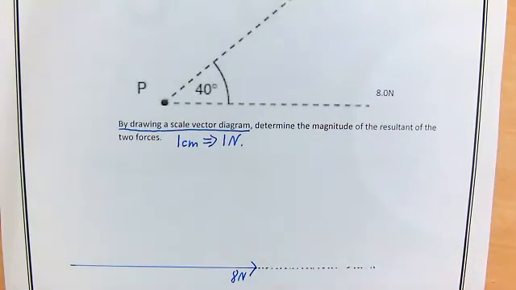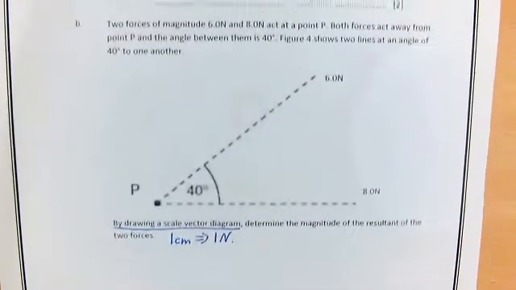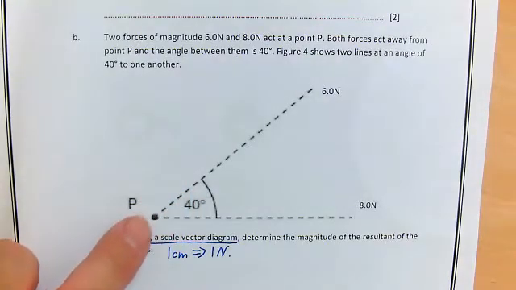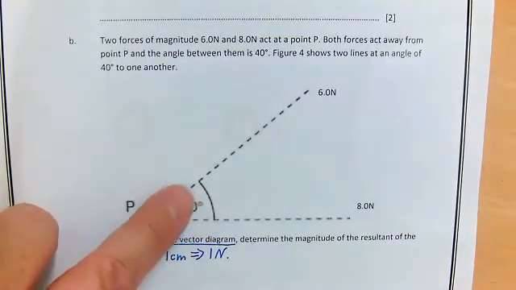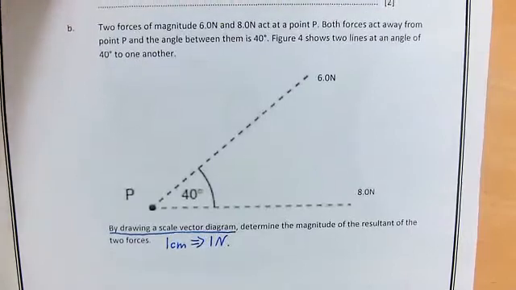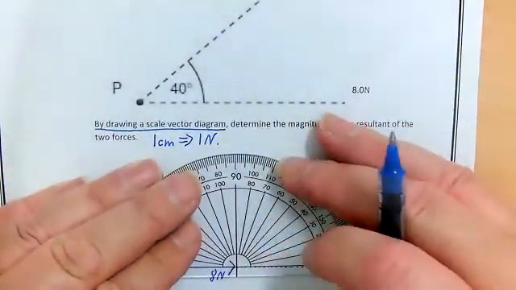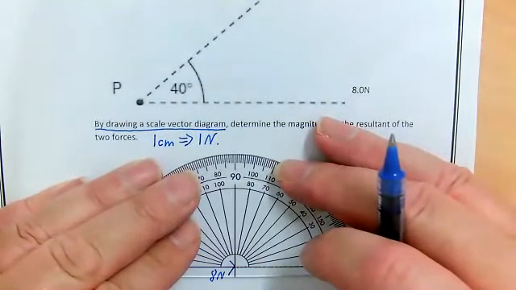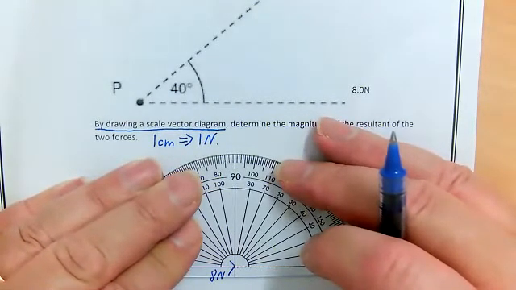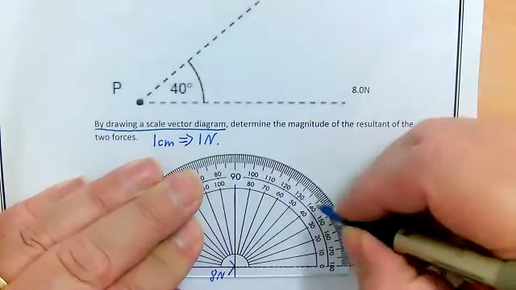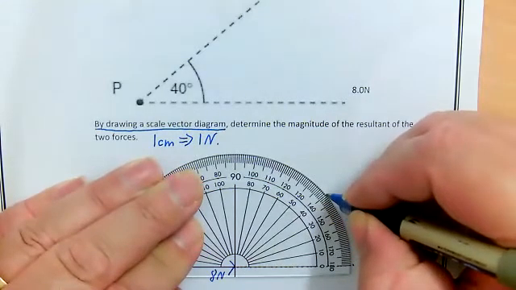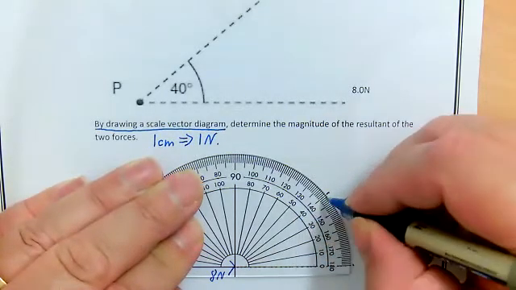vector. And the next one is a 6 Newton force at 40 degrees, shown there. So if I take my protractor, put my point there at the end of my vector, so it's end to end to work out the resultant. I've got my 40 degree angle there. Okay, that's 40 degrees.